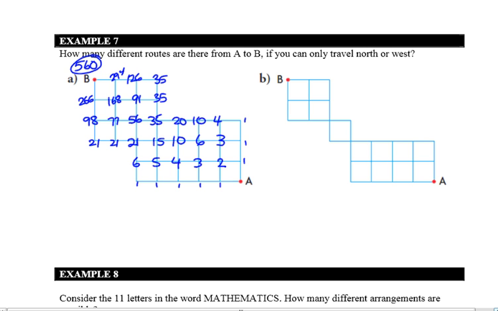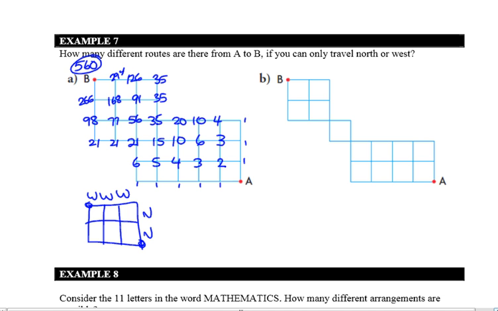If it looks like just a normal rectangle, there is another way. But if it's a different shape, the grid method is the only way to do it. You treat it like a word, and then divide by the repeats. So if it was just a rectangle and I have to go from here to here, I have to go north, north, west, west, west.